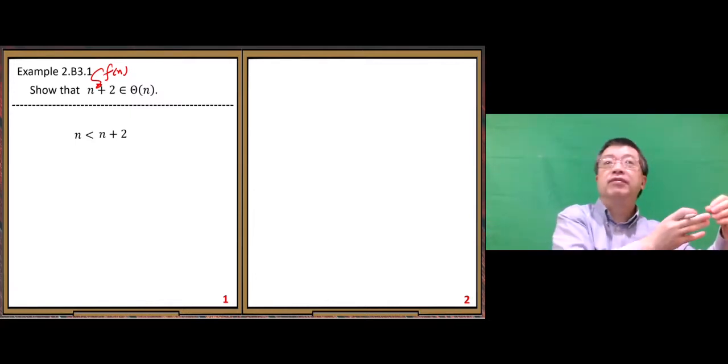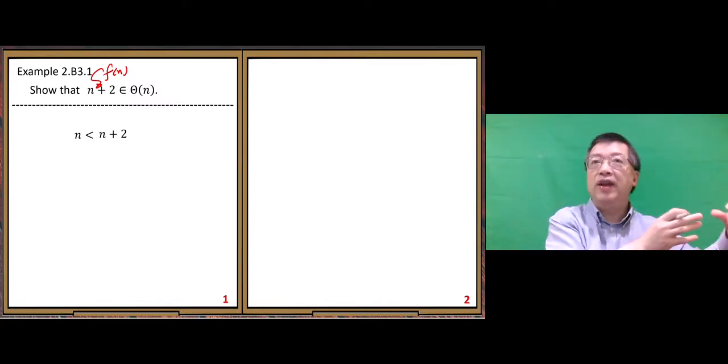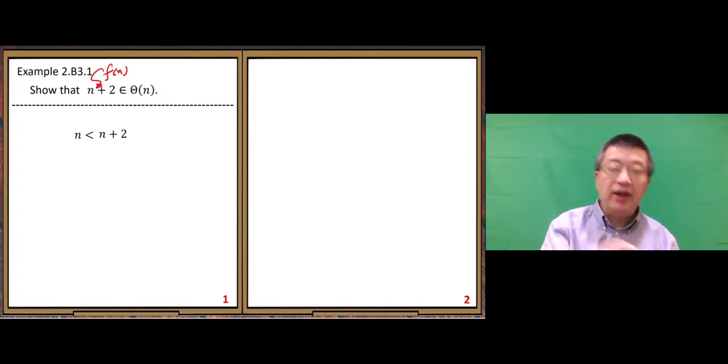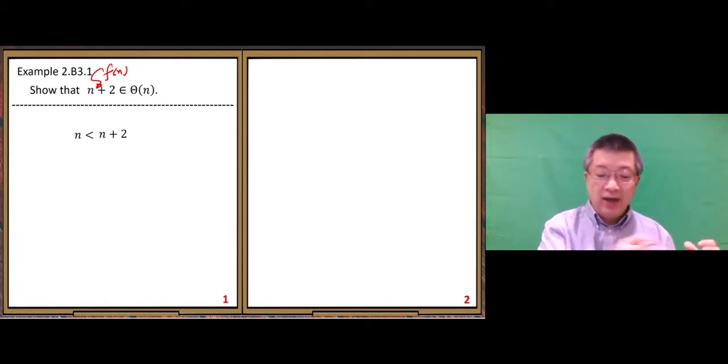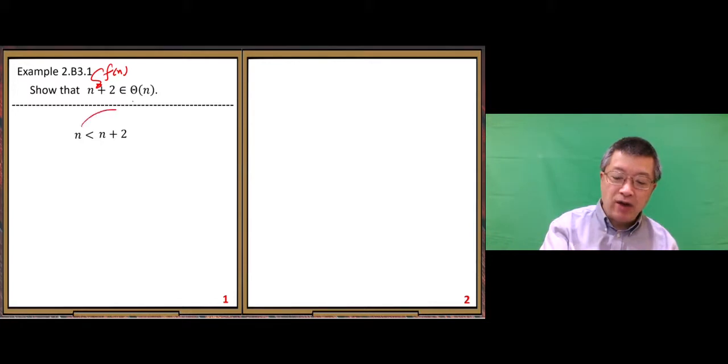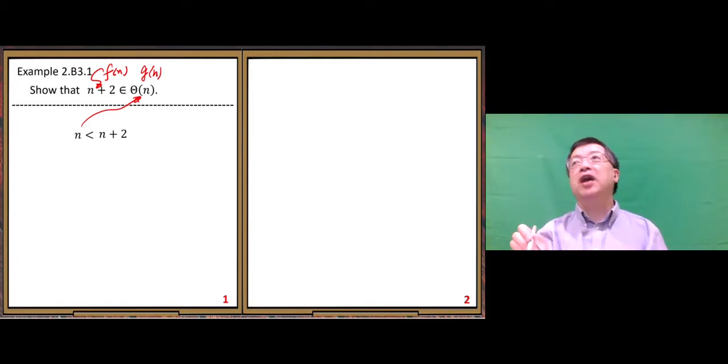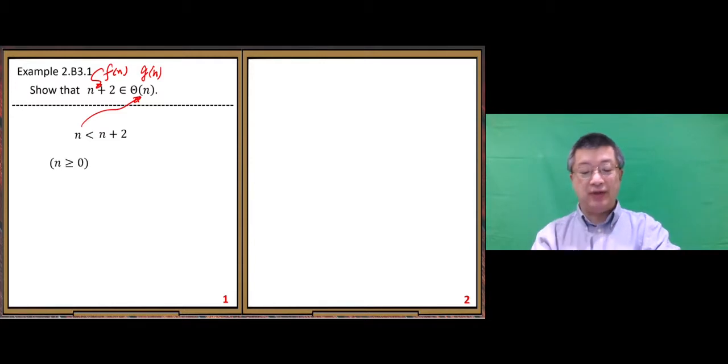So n plus 2 is greater than n, and n is a multiple of the g function, because the g function is n: 1 times g. So we get the lower bound part.